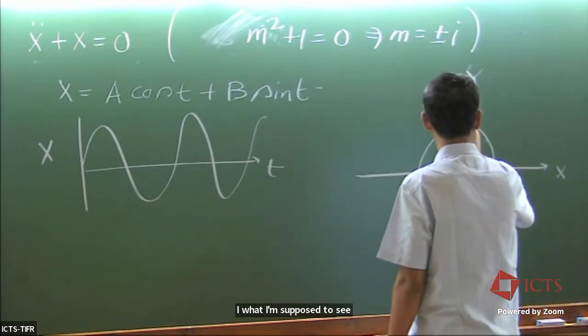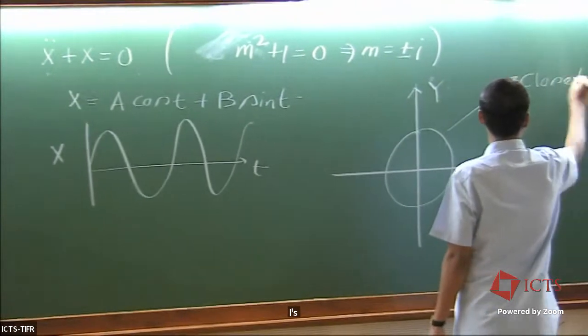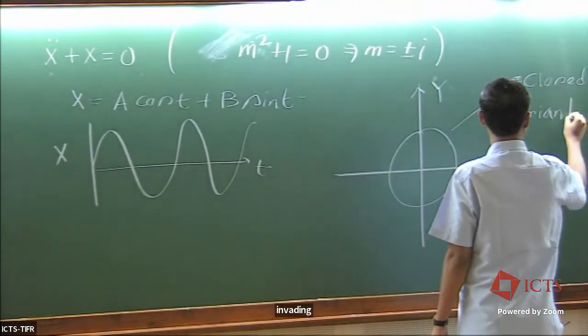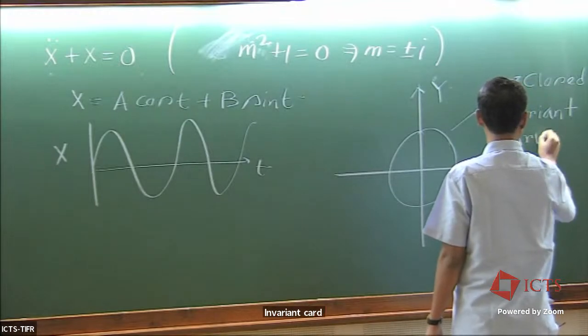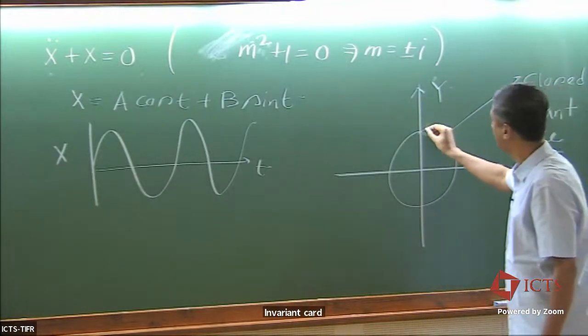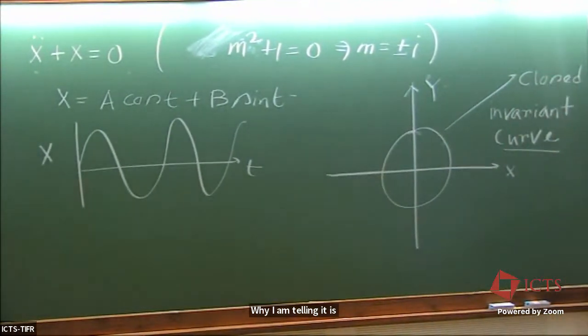I am supposed to see a closed invariant curve. Why am I telling it is invariant? Because if you start on this, you will always stay there, right?